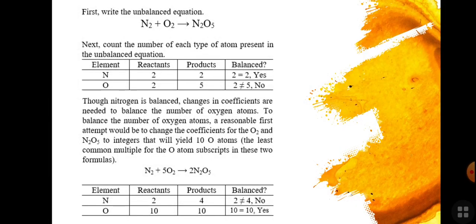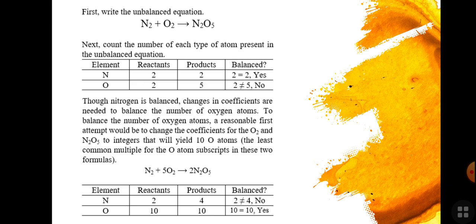So that's it. Another example here, we have N2 plus O2 produces N2O5, or nitrogen gas added to oxygen gas produces dinitrogen pentoxide. To get this, again, let's put it in a table.